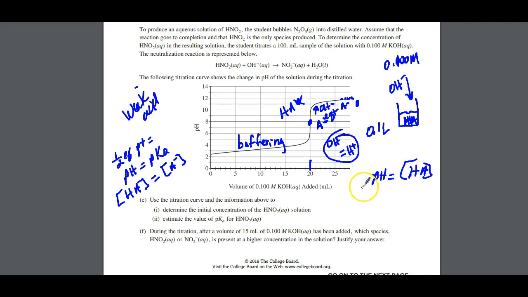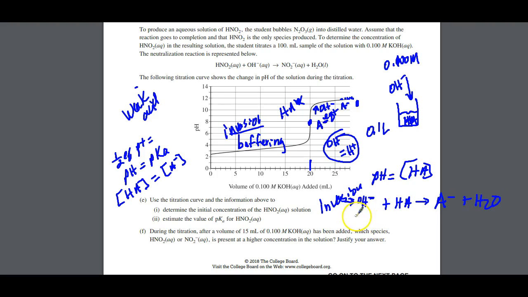Then, as we added OH minus, remember we had to go to war in Mole Town, right? Because we had an invasion, just like this. Every one of these is an invasion. Just when we added a little bit, we would end up with some A minus and water, and we didn't really care about the water.